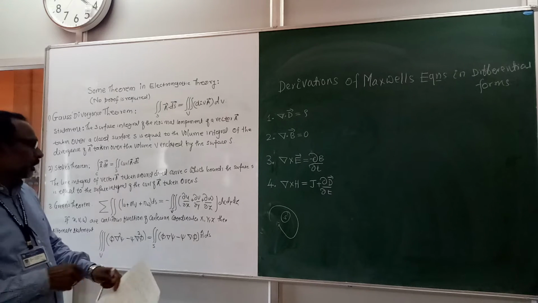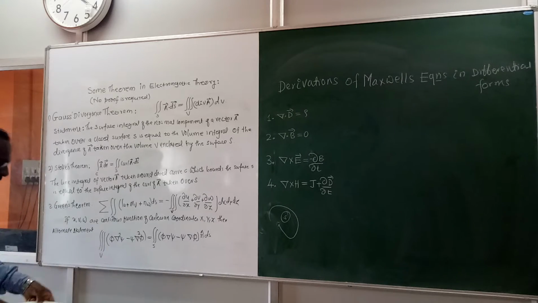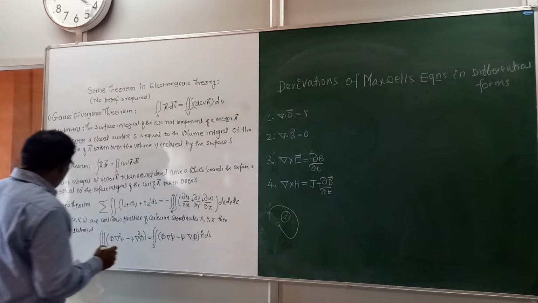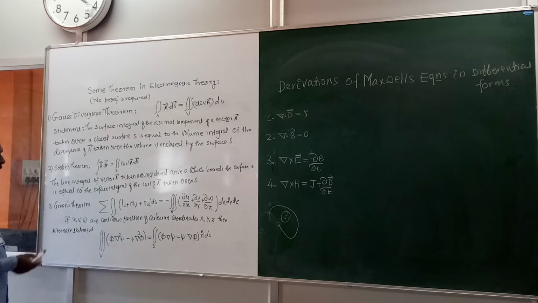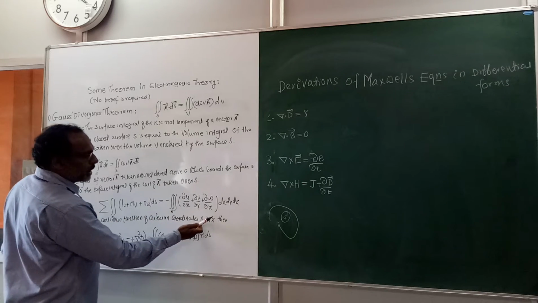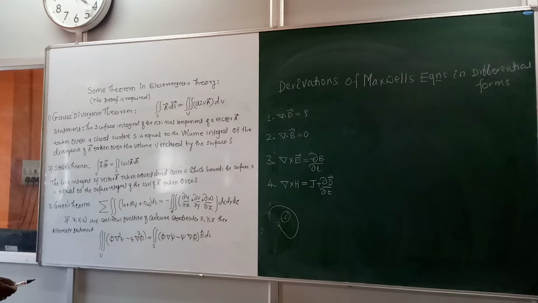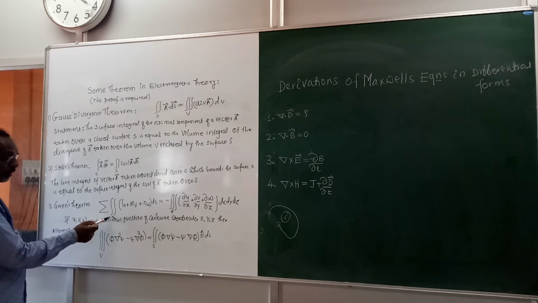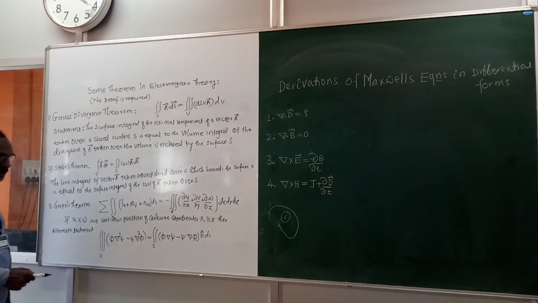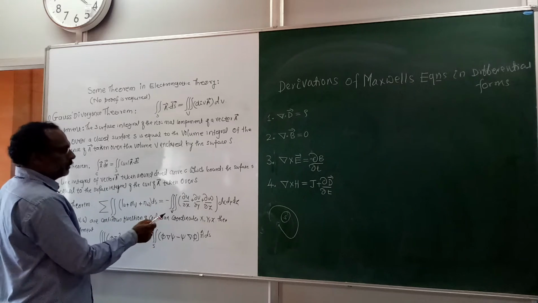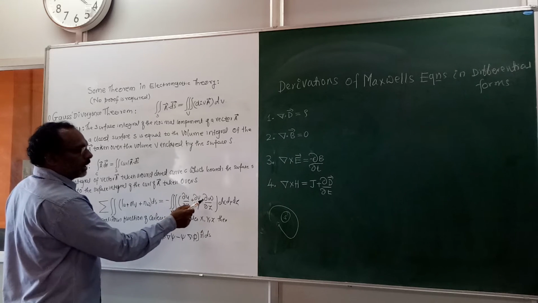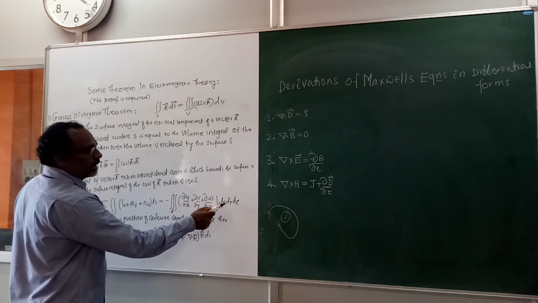So to explain the statement, not the proof, what we are doing here: I have written here, if u, v, w are some continuous functions of Cartesian coordinates x, y, z, then we have written the summation of the double integral of (l u + m v + n w) ds, which is equal to the volume integral of (∂u/∂x + ∂v/∂y + ∂w/∂z) dx dy dz.